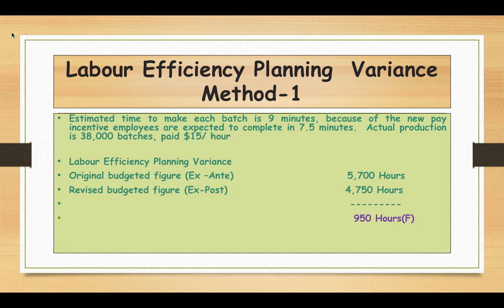So we have a 950 hours favorable variance. Now, we need to convert that into money value. Remember, this is method 1, so we multiply the 950 hours by the original figure, which is $15. So 950 hours times $15 is $14,250 favorable.